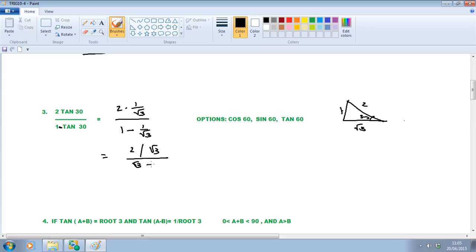Is equal to 2 divided by root 3 minus 1.